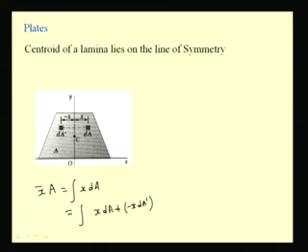So, these two quantities cancel out and this becomes 0. Obviously the area is not 0, so this quantity x bar has to be 0. That means the first moment of this area with respect to this OY is 0, that means the centroid lies on the same axis.